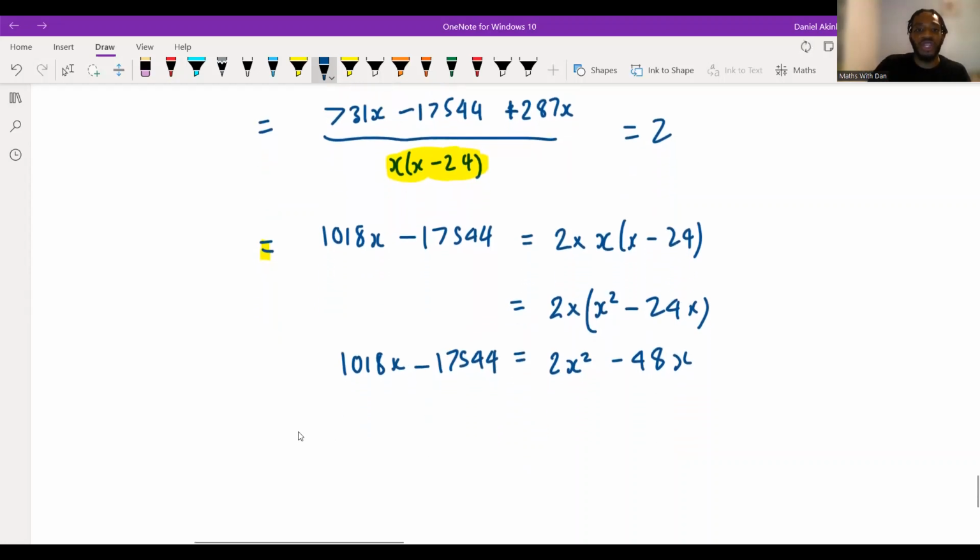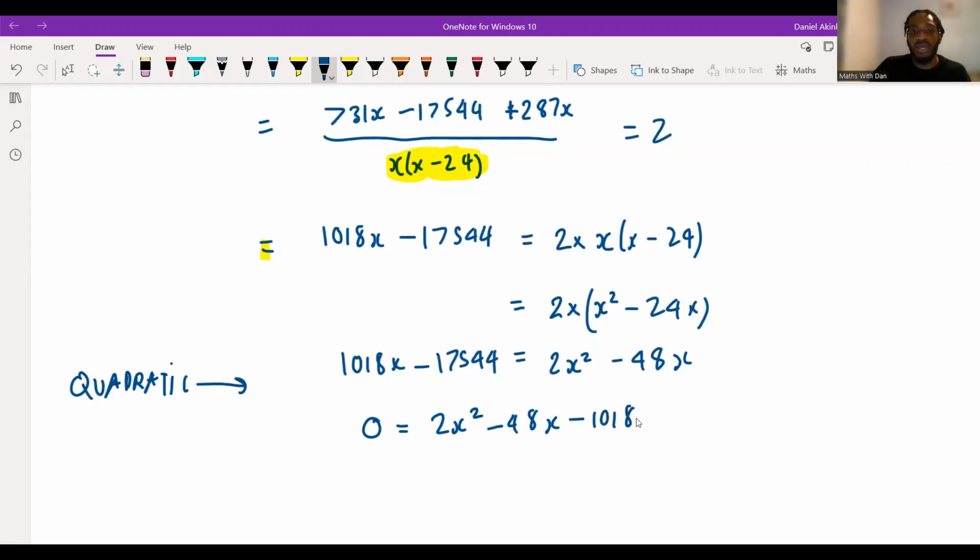Now this is a quadratic equation. We need to solve this quadratic, so we need to bring everything to one side. I'm going to move all of this on the left to the right because the x squared term's on the right. So I'll have 0 is equal to 2x squared minus the 48x minus the 1018x plus the 17,544.